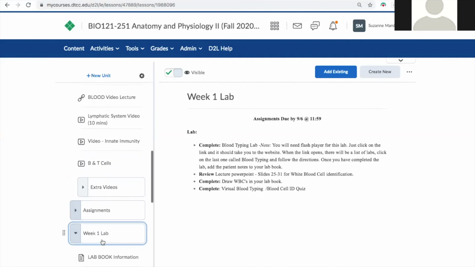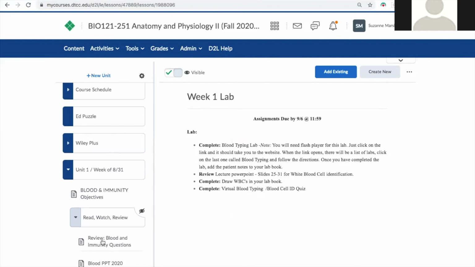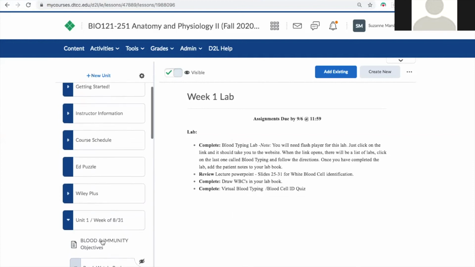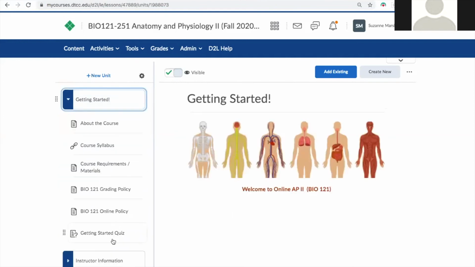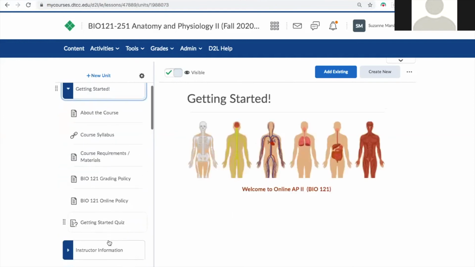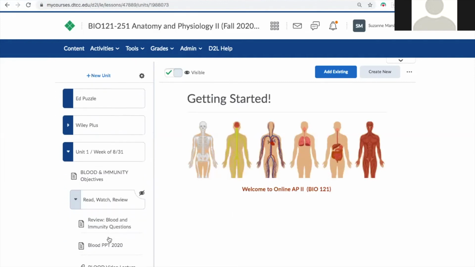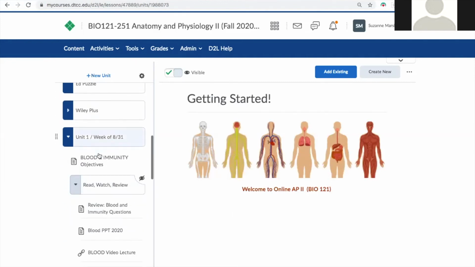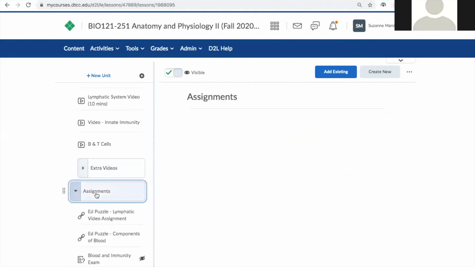This week you have 4 quizzes to take that are all graded. You have your getting started quiz, which is under the getting started tab. Then you have your 2 Edpuzzles that you want to complete, which are in the assignments tab here.